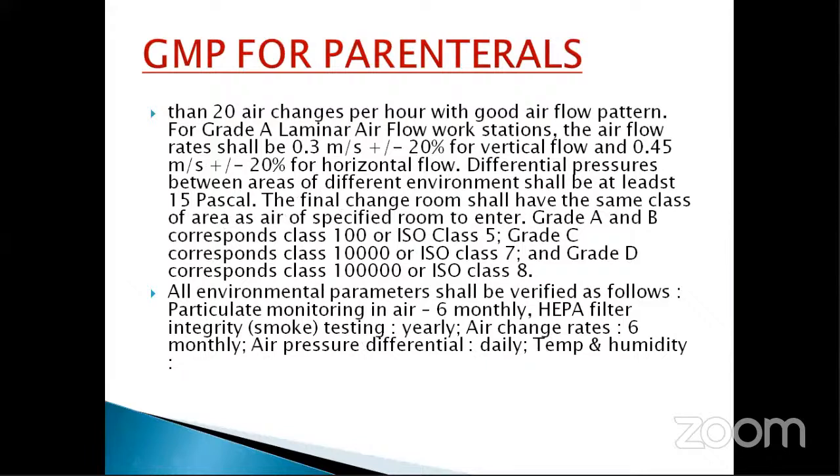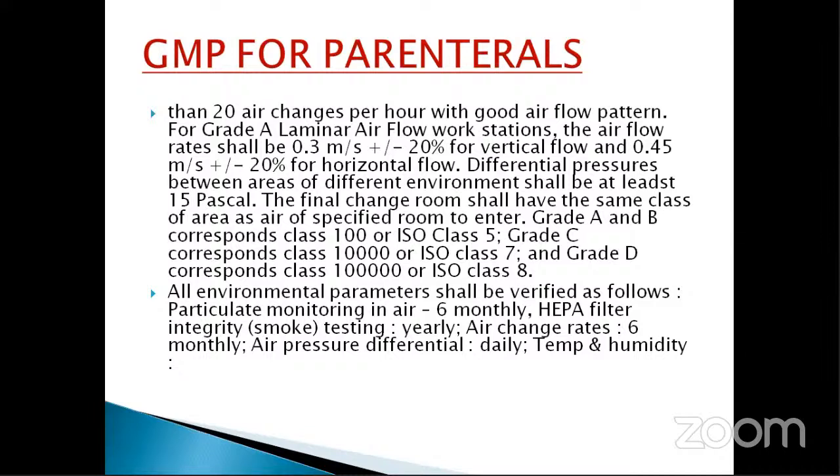In the rooms, 20 air changes per hour are needed; the air has to be changed from time to time. Otherwise, the oxygen level as well as the dirt particulate matter contamination will be more. Generally 20 air changes per hour is done with a good airflow pattern. In the grade A area, you have to provide laminar airflow workbenches.